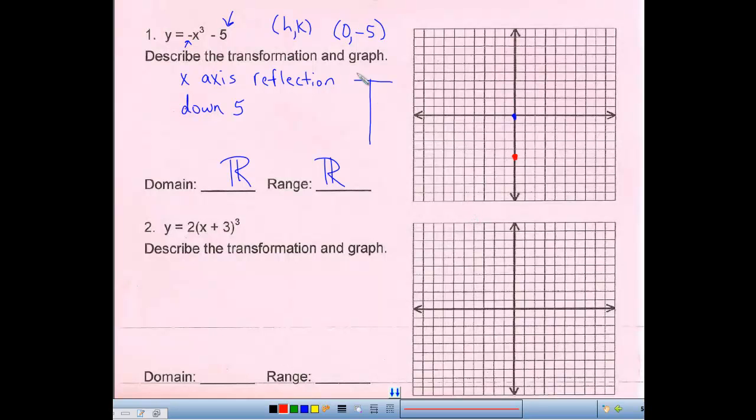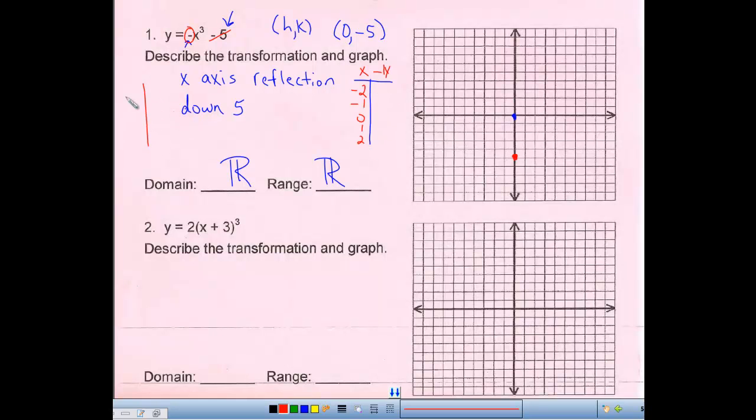Now what's happening to x and y? We've already taken care of this piece. The only thing we need to do is multiply negative 1 times y, and all the x's will stay the same. So the x's are negative 2, negative 1, 0, 1, and 2.